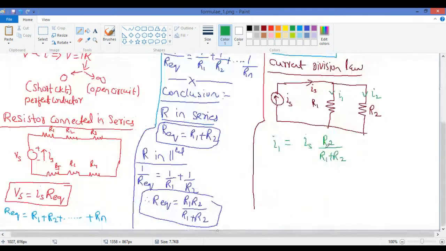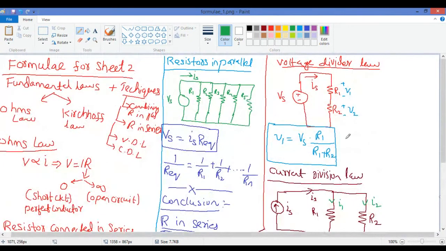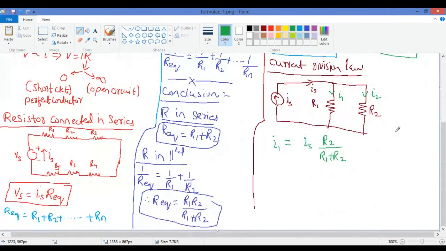Similarly, here you can find V2 as the total voltage times R2 by R1 plus R2. So we can find V1 and V2 with the voltage divider, and similarly I1 and I2 also.